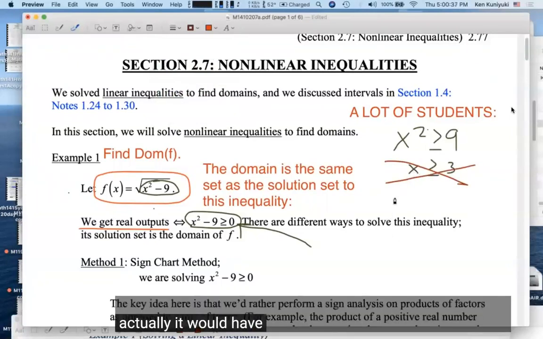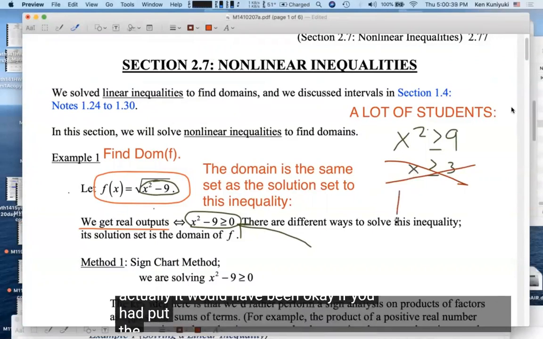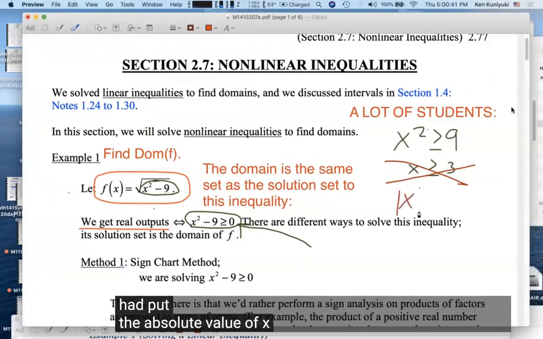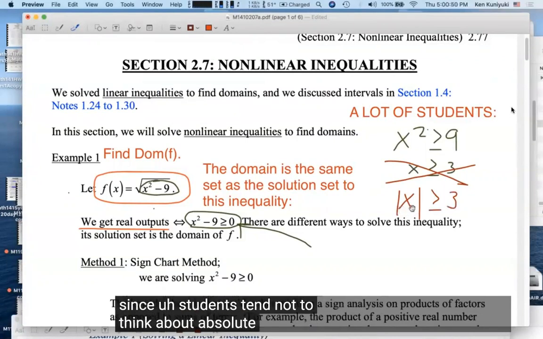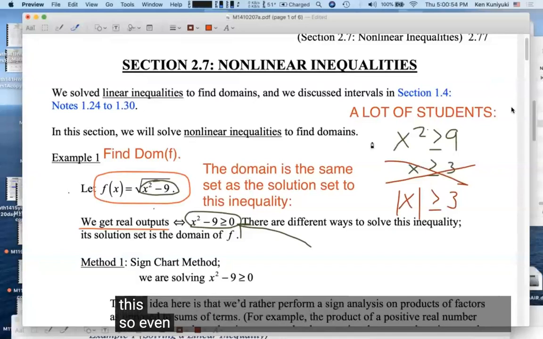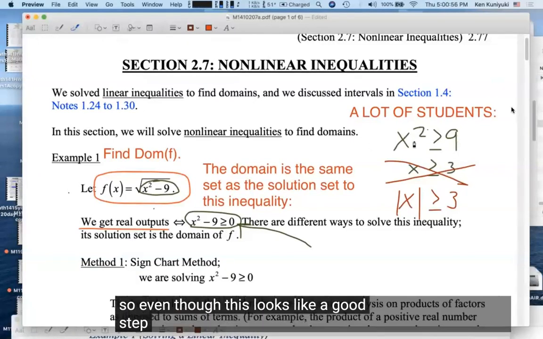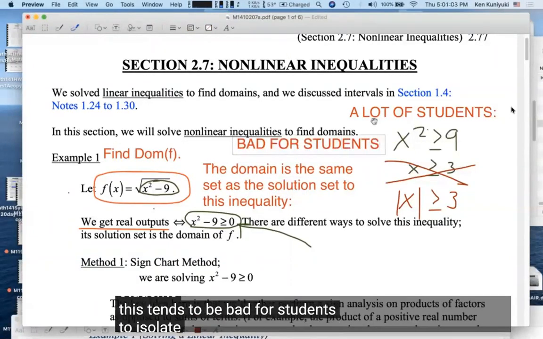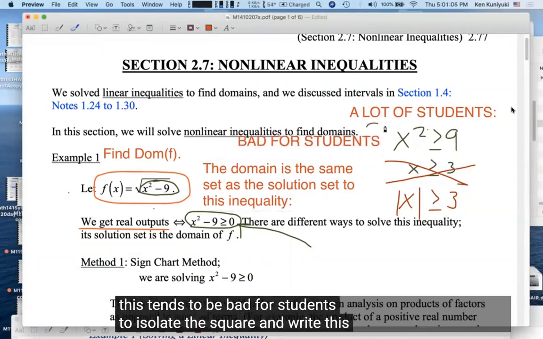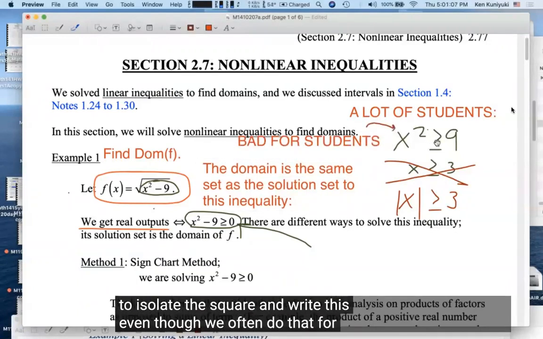Actually, it would have been okay if you had put the absolute value of x is greater than or equal to 3. Actually, that would have been okay. But since students tend not to think about absolute value, I really don't recommend trying to do it like this. So even though this looks like a good step, I don't think this is good for students. This tends to be bad for students, to isolate the square and write this, even though we often do that for equations.